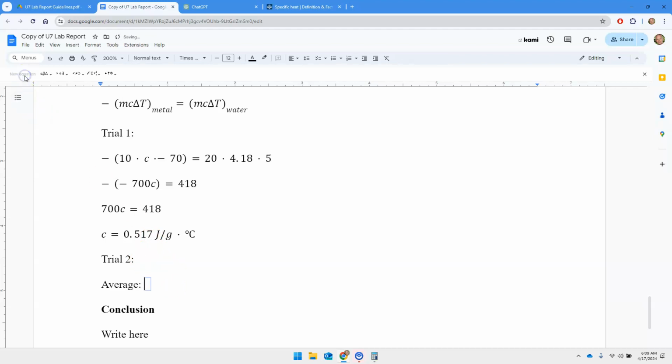To solve for your average, it's just your C from trial 1 plus your C from trial 2, and then we're going to divide that by 2, and that'll get us our average. Mistakes happen in the lab, and when we do multiple trials and then average them, we end up with a more accurate answer.